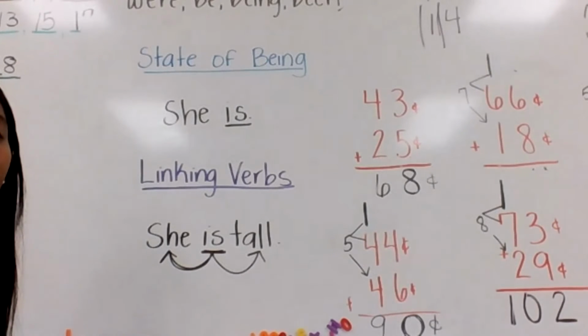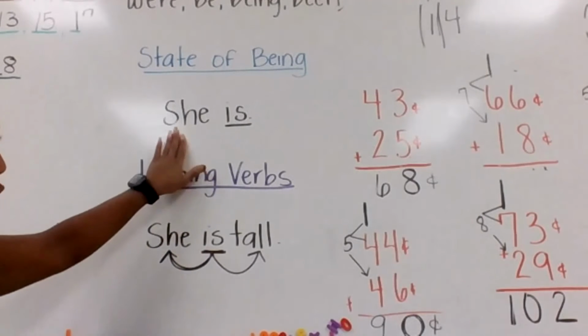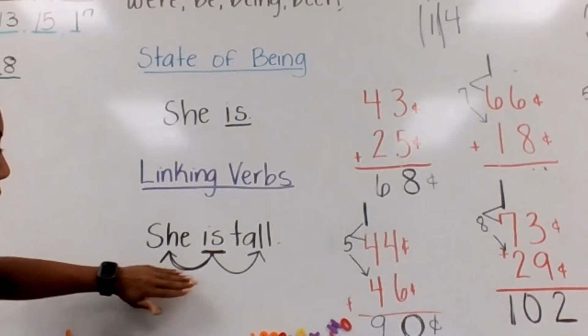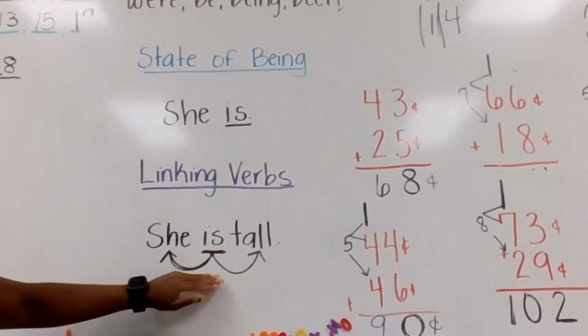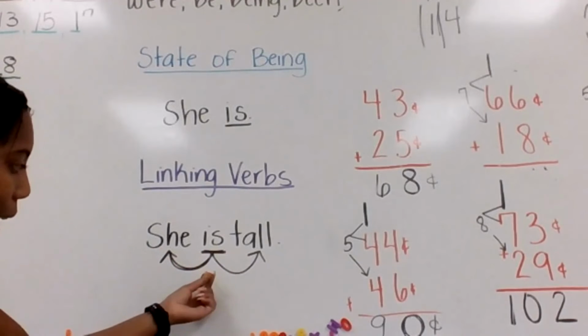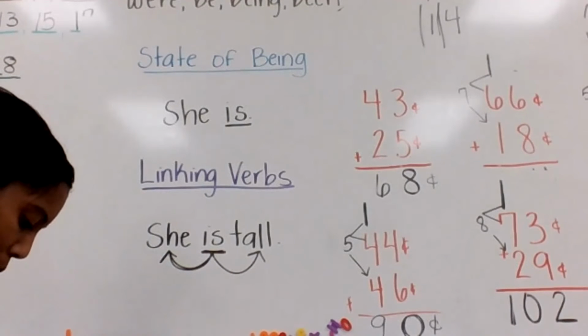Do we have to put the line? So "she is," when it's like this, it was a state of being. But when I say "she is tall," is turns into a linking verb. It is linking she and tall together. Like this.